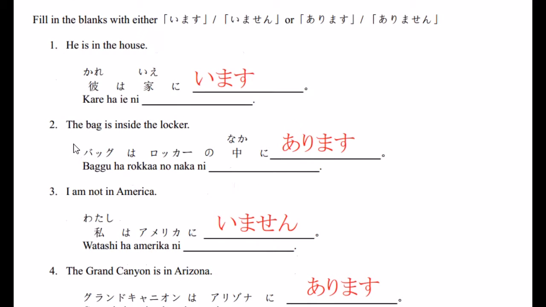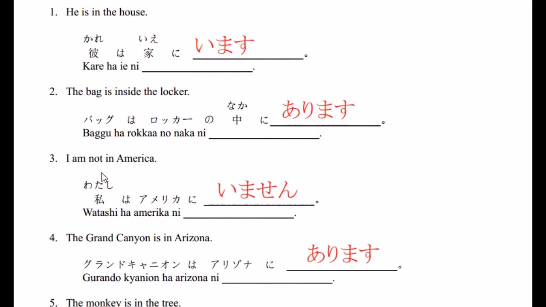So anyway, number 2, the bag is inside the locker. バッグはロッカーの中にあります。And of course we use あります, ある, because the bag is a non-living inanimate thing.